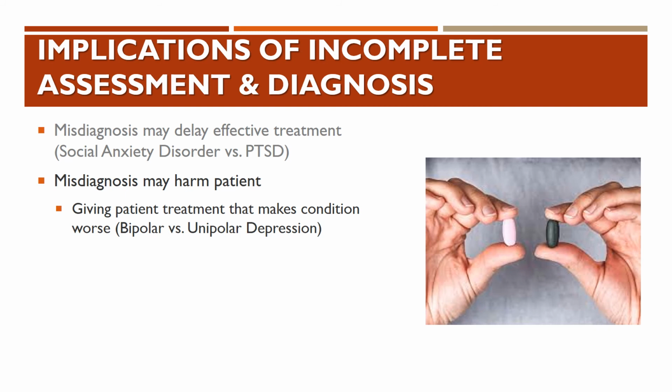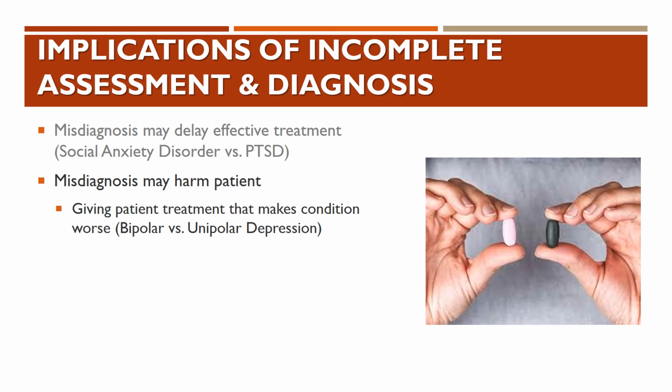Typically we call it unipolar depression, and typically we can treat it with a variety of medications, SSRIs and other medications that affect serotonin or dopamine. But one of the things that is known is that if you give someone with bipolar disorder who's currently in a depressive episode an antidepressant, you could actually flip them into a manic episode.